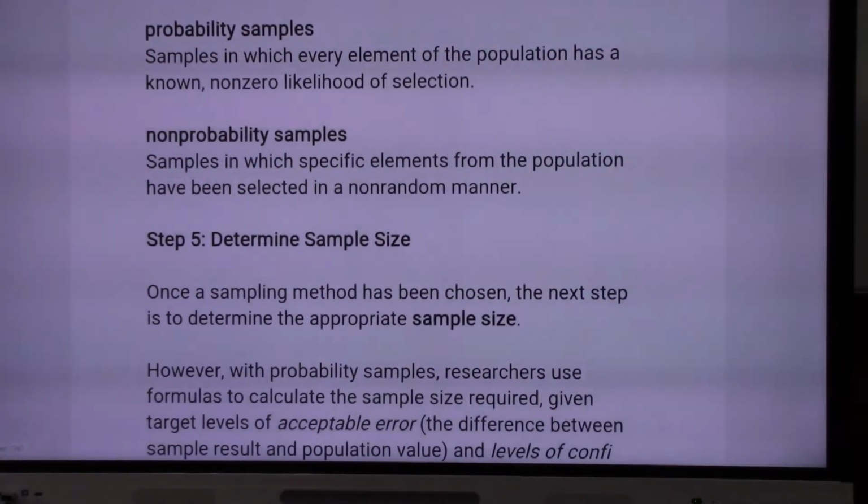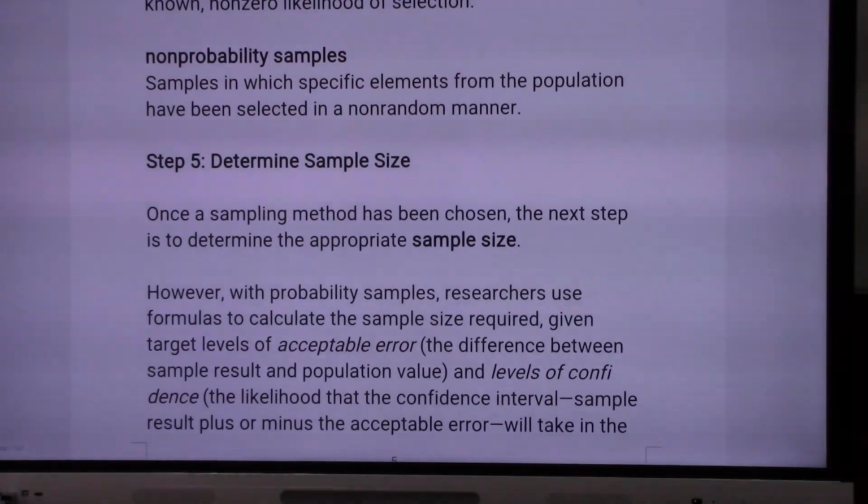With probability samples, the researcher uses statistical formulas to calculate the sample size required. So we depend on statistical methods to calculate the suitable sample size, given a target level of acceptable error and level of confidence.